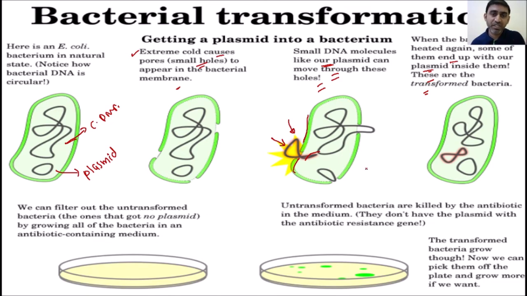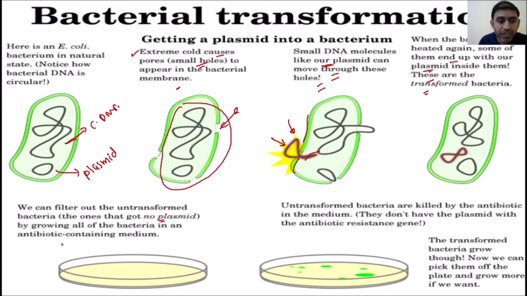Like a brainwash, a transformation happens in you. Such a transformation also happens inside the bacterial cell when another genetic material is introduced. Small DNA molecules like our plasmid move through these holes, and we can filter out the untransformed bacteria which got no plasmid.